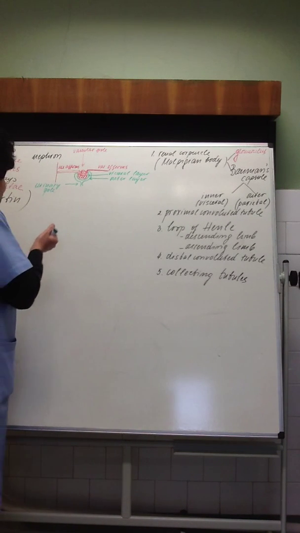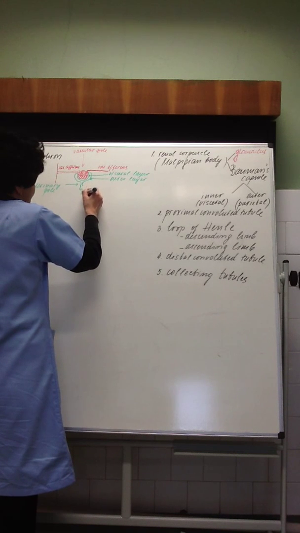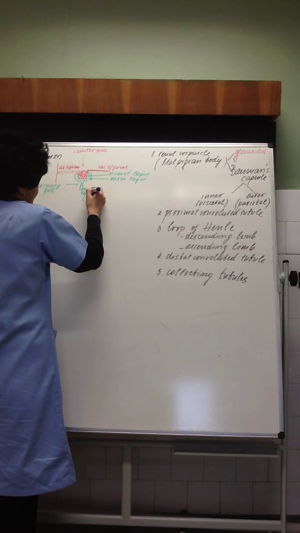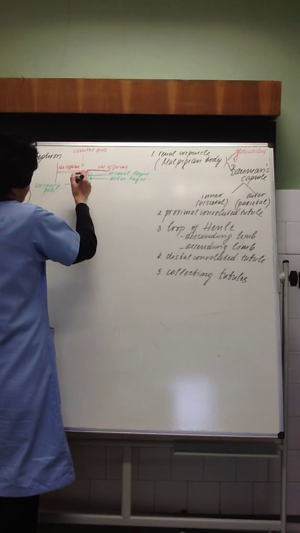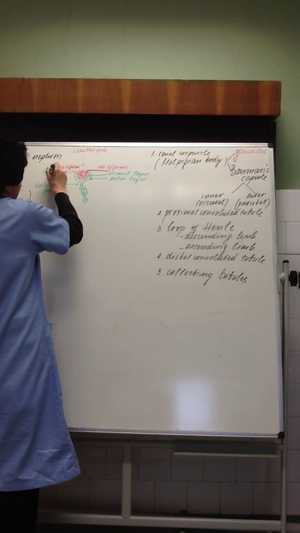Proximal convoluted tubule. This is the proximal convoluted tubule, the first part.